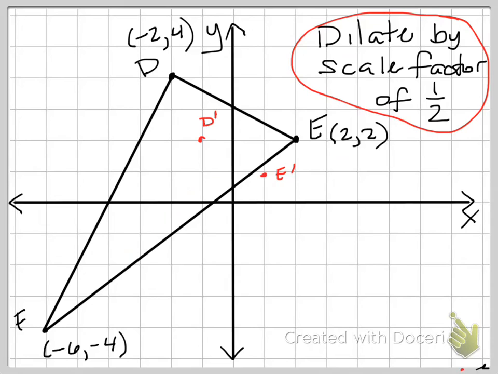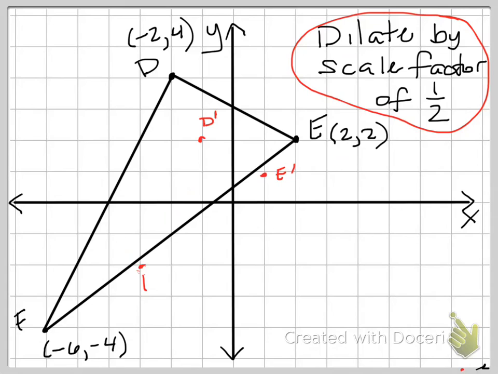And for F, half of negative 6 is negative 3, half of negative 4 is negative 2, so that'll be at negative 3, negative 2. So negative 1, 2, 3, down 1, 2, right there.